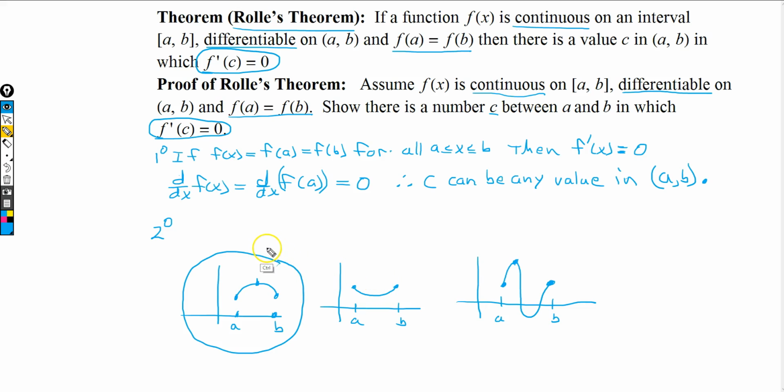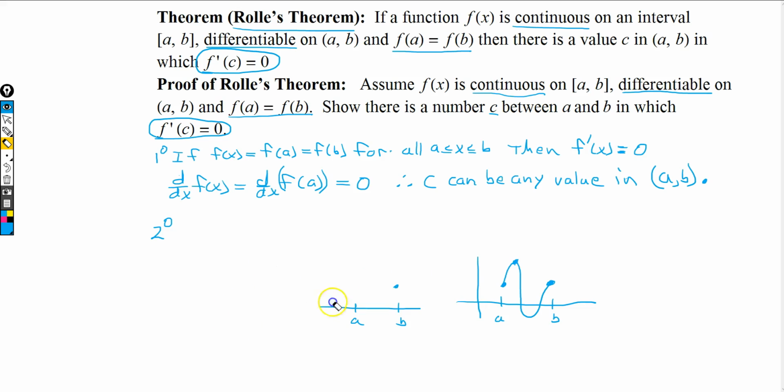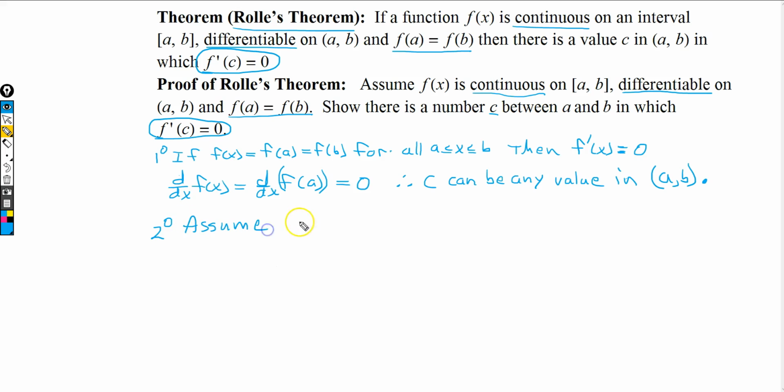So what we're going to assume now is that c, the number c, is in between a and b, and is where f of x has a maximum value. So we're going to assume that that's where f of x has a maximum value.